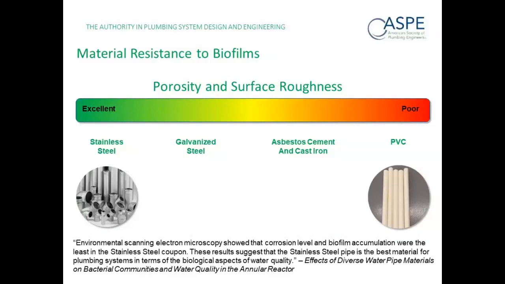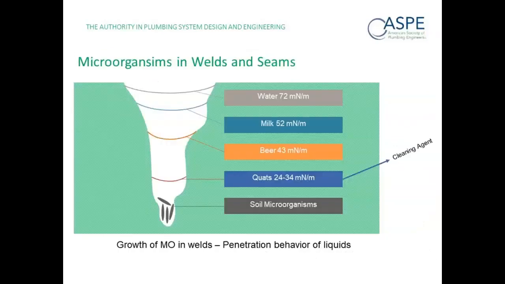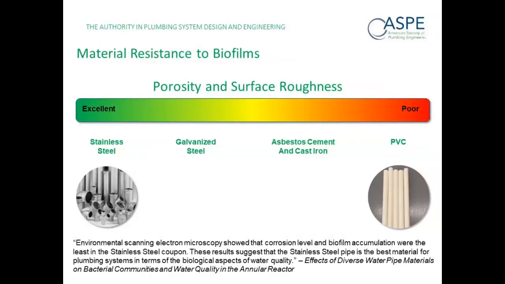This was extrapolated from an article I found online, basically, effects of diverse water pipe materials on bacterial communities and water quality. Really interesting article. I can provide these things for people if they want to look into this a little bit further. The more porous environment you have, the more likely you are to build biofilm formations, the more likely you are to get bacteria to grow within that porous environment.